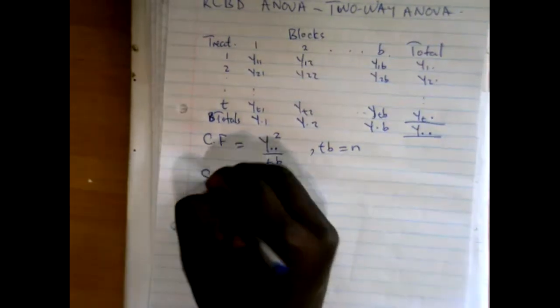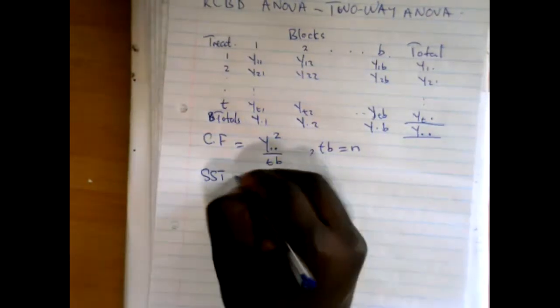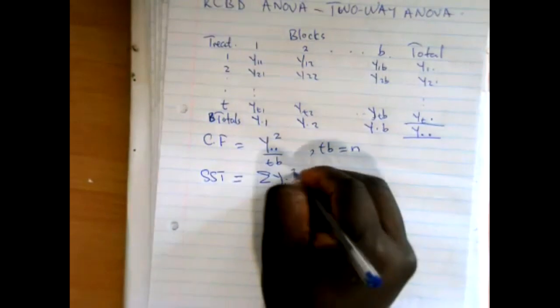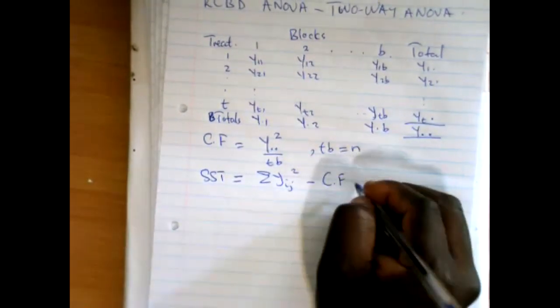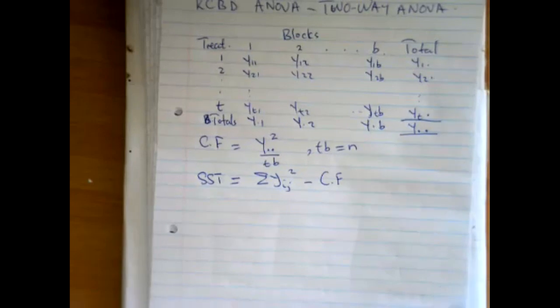Now, the SS total will be given by the summation of Yij squared minus our correction factor, right? Then here we are going to get the sum of squares due to treatments.